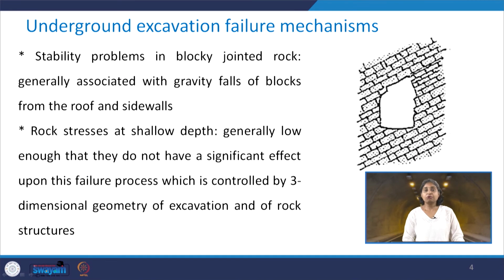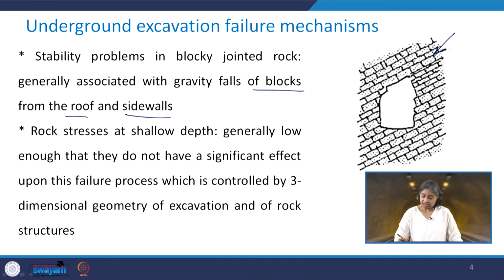In case you have a blocky jointed rock, which may look like this as shown in the figure, these are generally associated with gravity falls of blocks from the roof and the side walls.